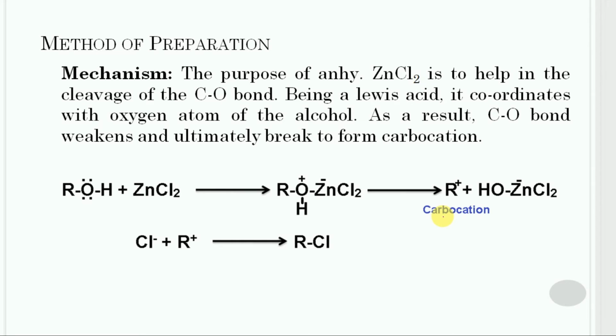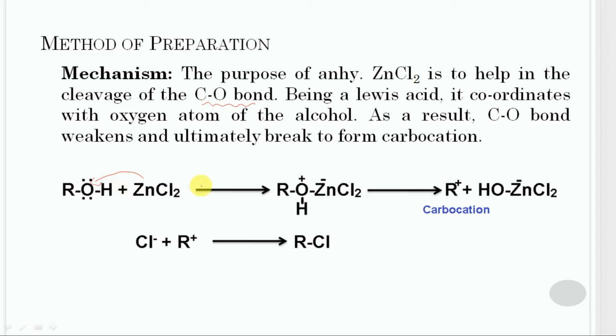Now the mechanism of this reaction. The purpose of anhydrous zinc chloride is to help the cleavage of the carbon-oxygen bond. Being a Lewis acid, it coordinates with the oxygen atom of alcohol.